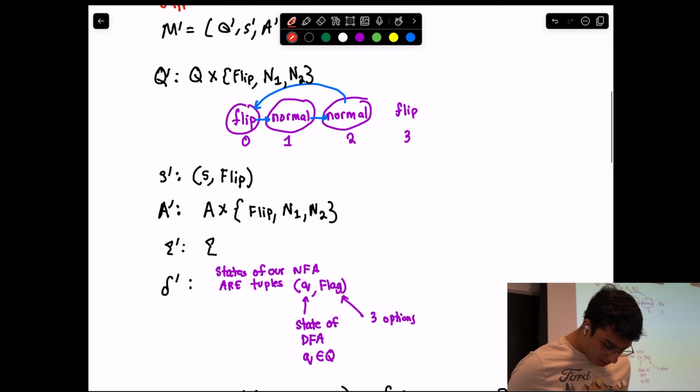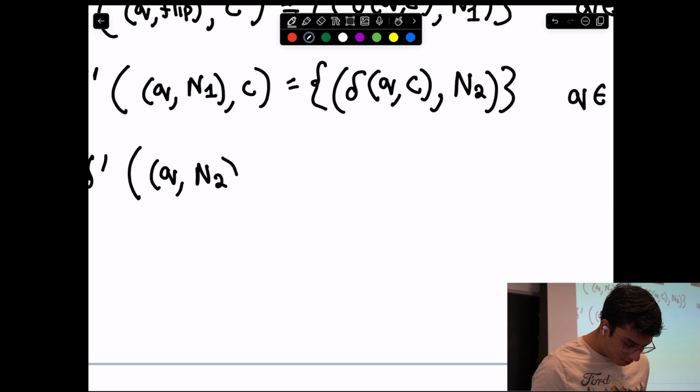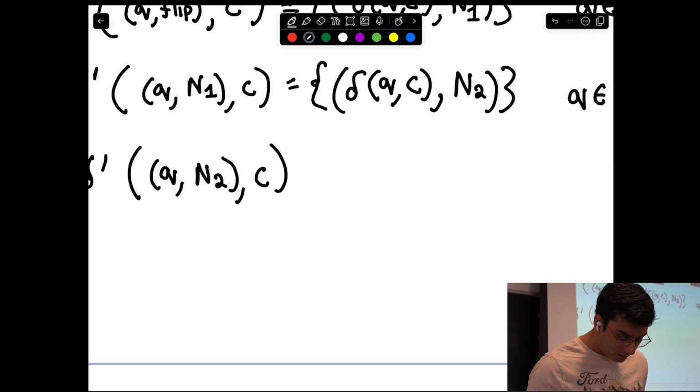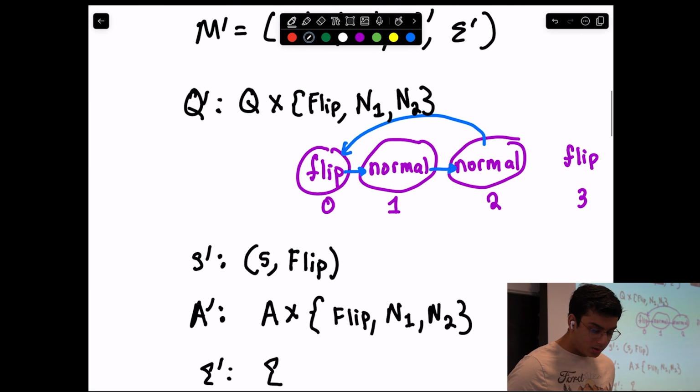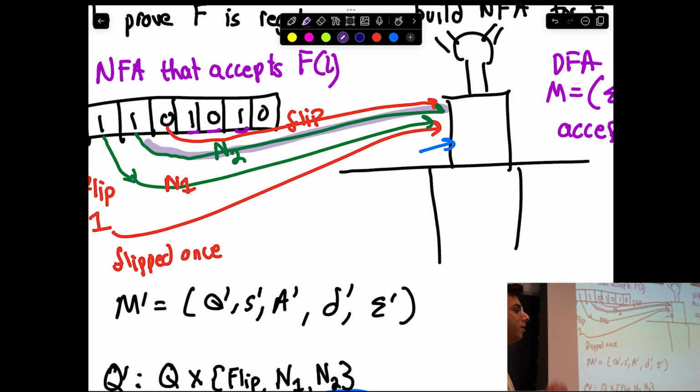So I'm in some state Q, comma, N2. I read in character C. In the state N2, I pass in the character directly into the machine without flipping it, but I make a note that the next character that I read, I need to flip.